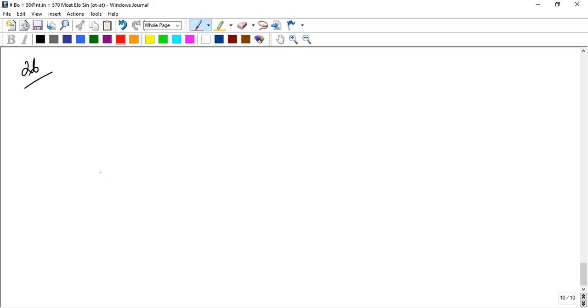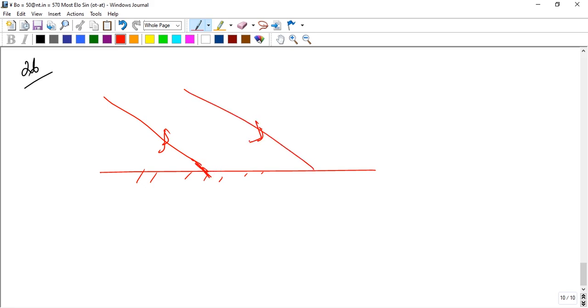Suppose there is a mirror, and there are two rays. The important part is that there's a normal, the incident angle I, the reflected angle R, and there is a wave front here.